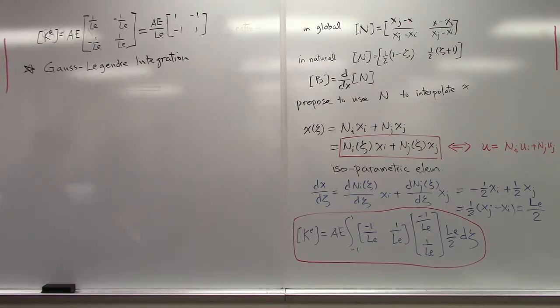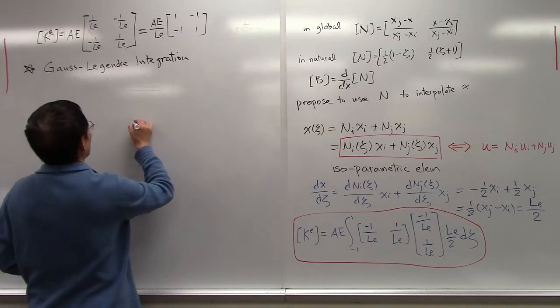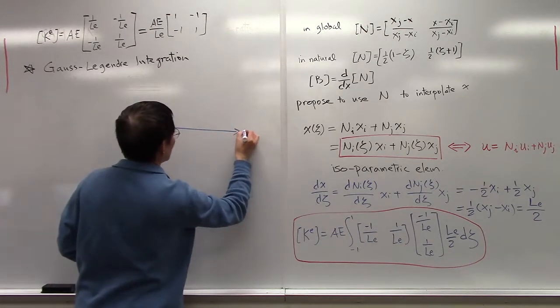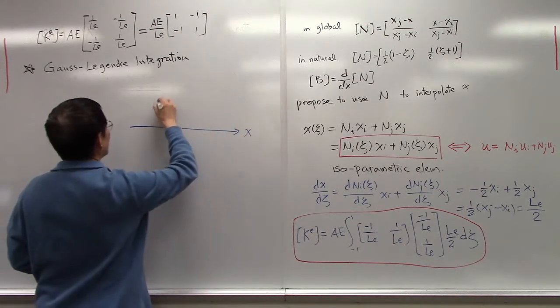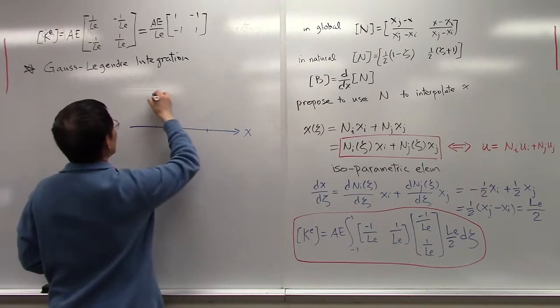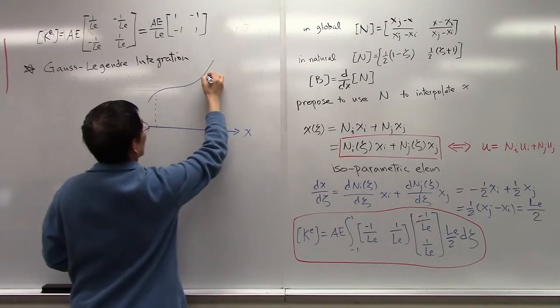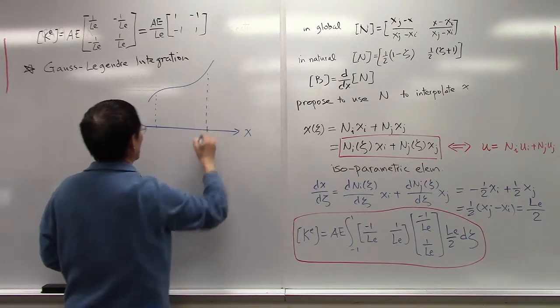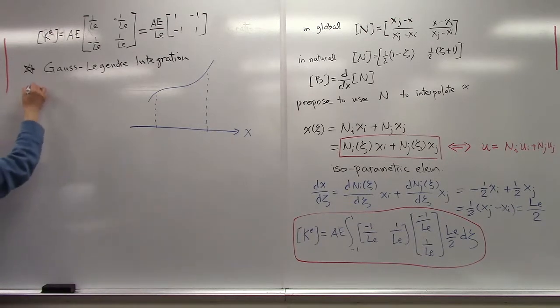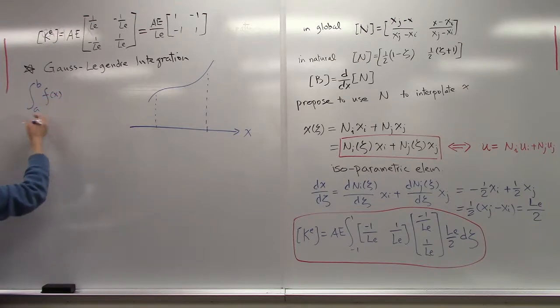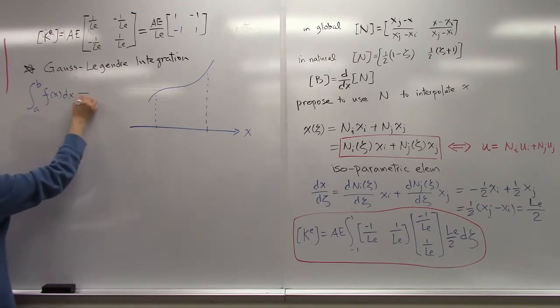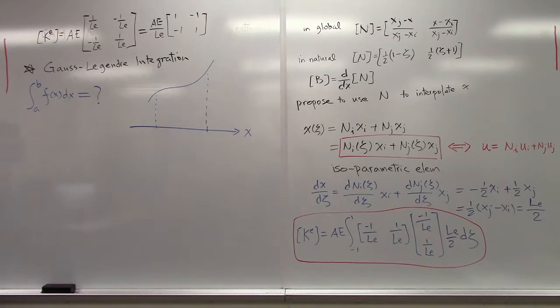Let's review the concept of integration. Let's say we have a function of x that goes from A to B like that. What do you mean by integrating the function f of x from A to B with respect to x? Graphically, what does it represent? Area under the curve.